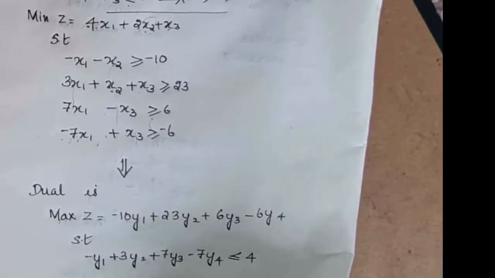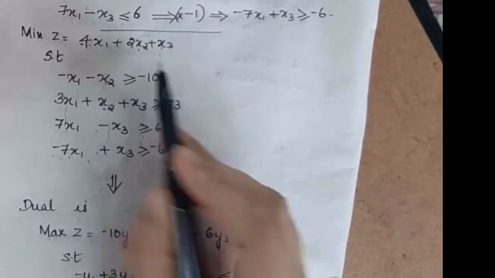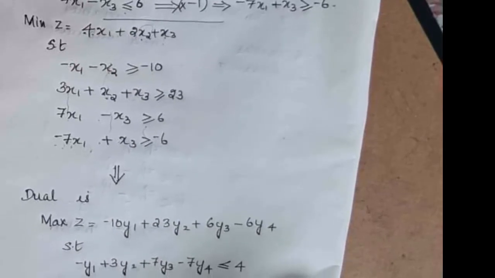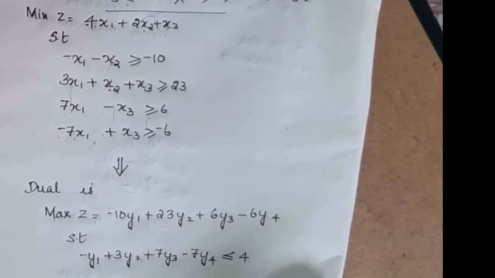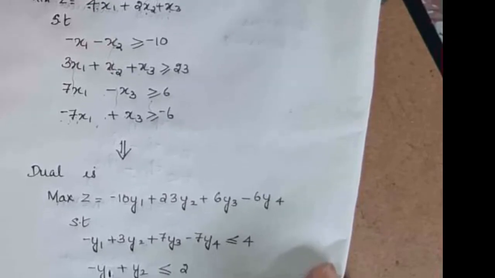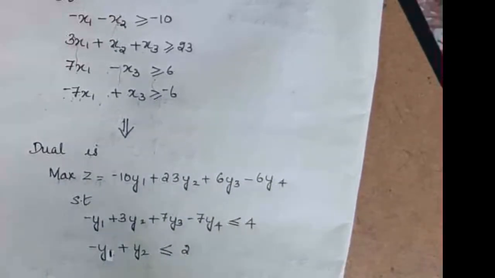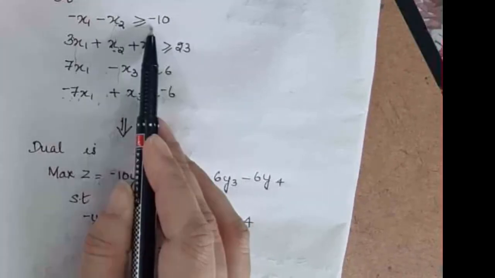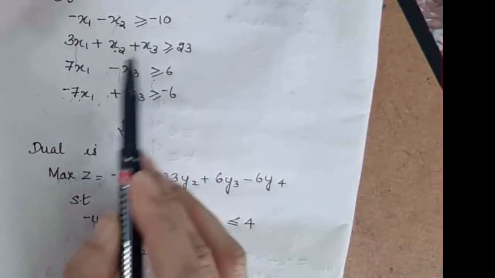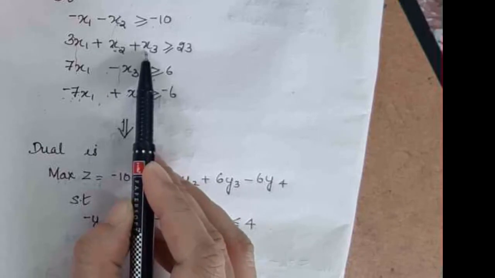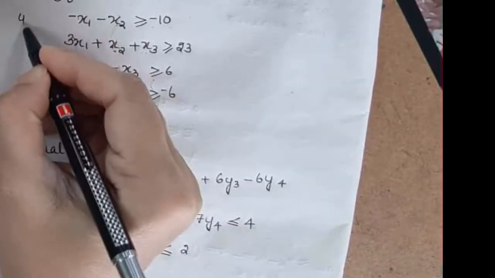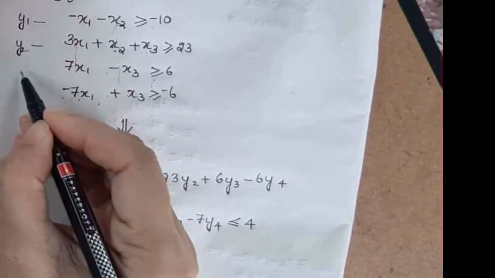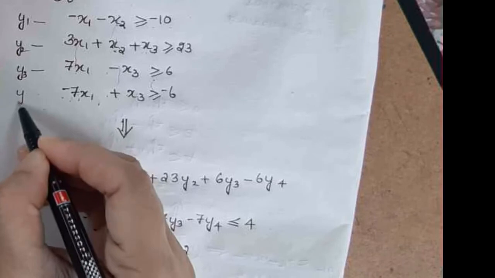Now you have to take the third variable, that is x3. So you take the x3s here. In the first constraint you don't have x3, so there is no y1 variable. The second one you have an x3, so that will be y2. This is for y1, this is for y2, this is for y3 and this is for y4.